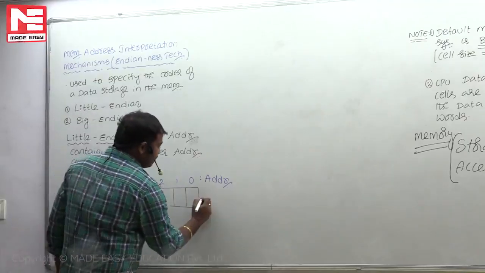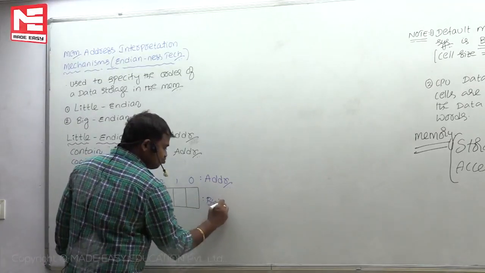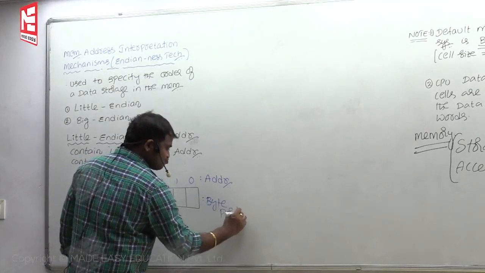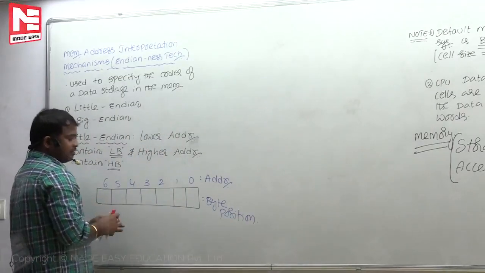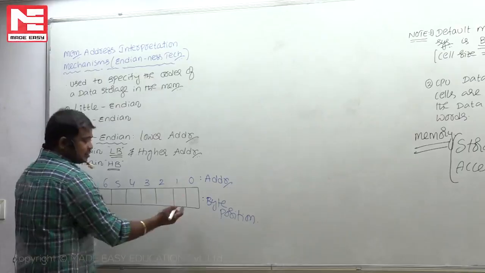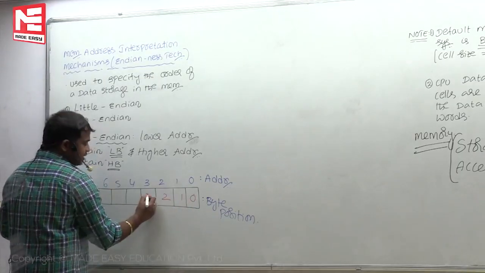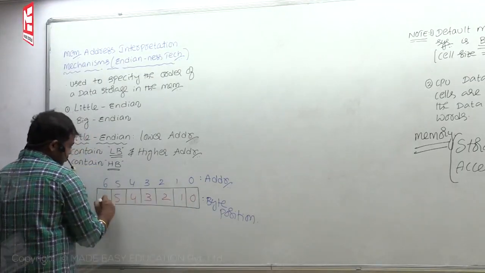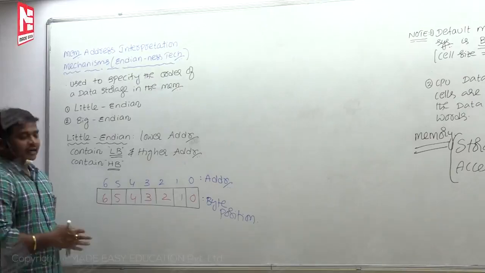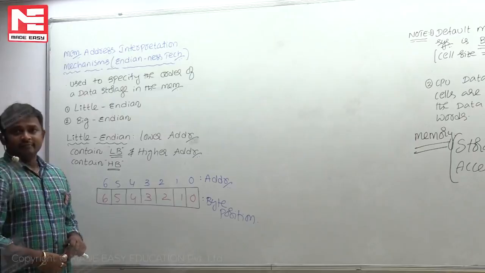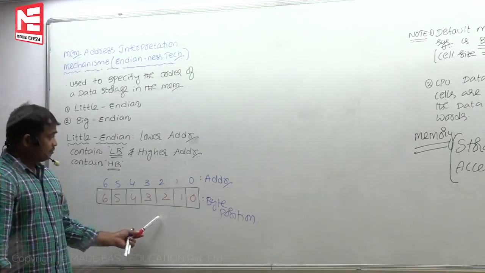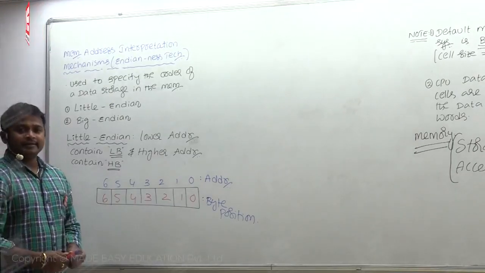Now, what is the byte position? Lower address contains lower byte, higher address contains higher byte. So, 0 byte, first byte, second byte, third byte, fourth byte. This is called the little endian mechanism.